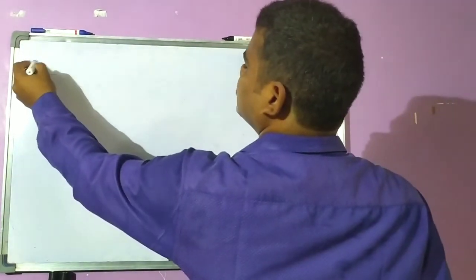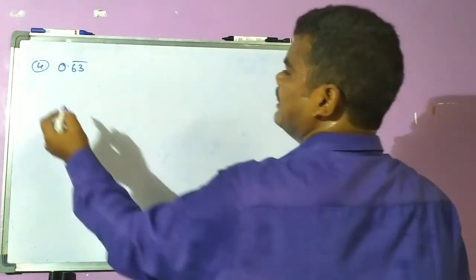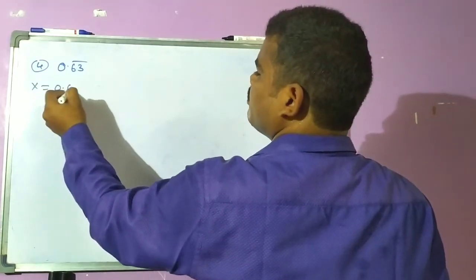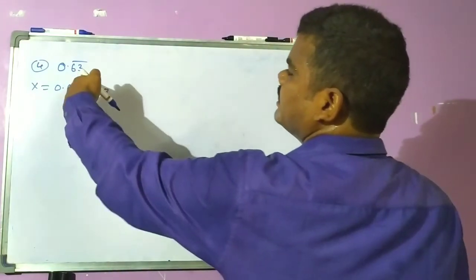Next one. 0.63 bar. Fourth one. Let x equal 0.63, 0.63, 0.63. Right?